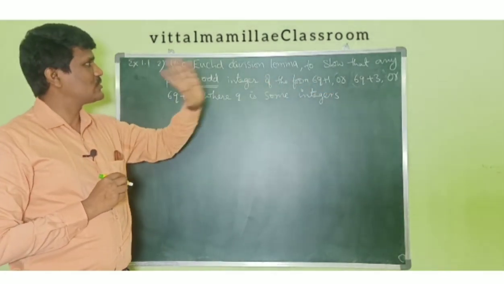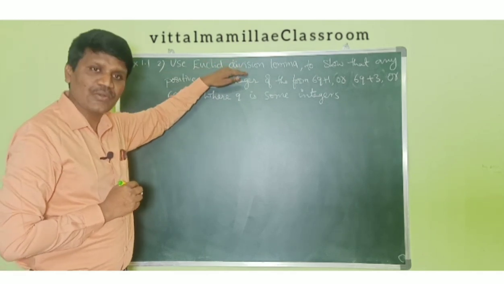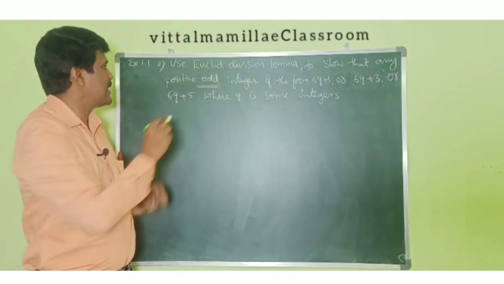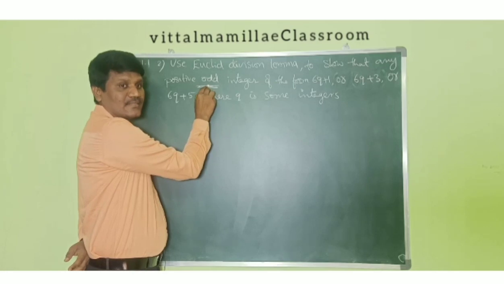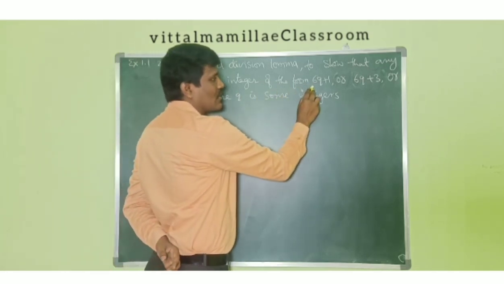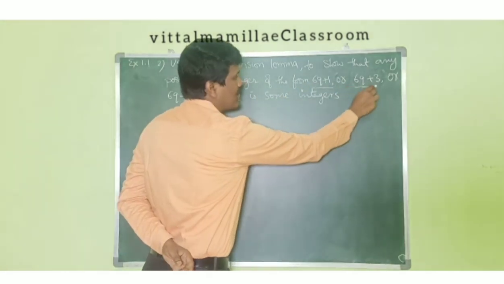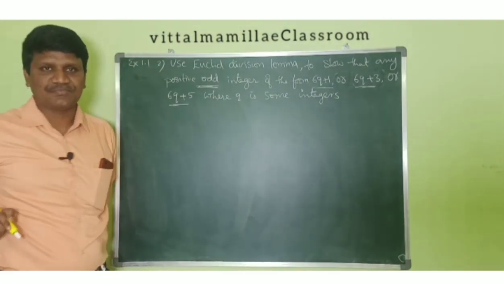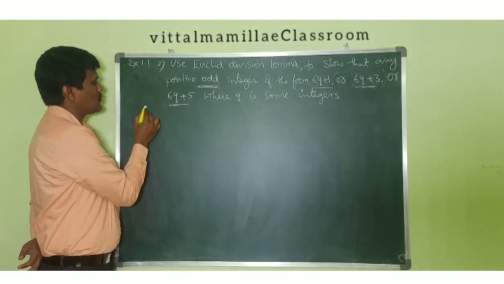So here you should understand that first you should use Euclid division lemma to show that any positive odd integer is of the form 6q plus 1, 6q plus 3, 6q plus 5. Okay, let us see how to solve this.